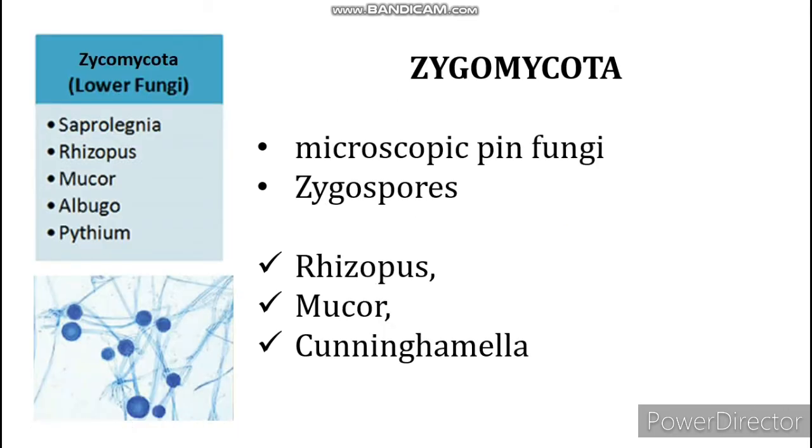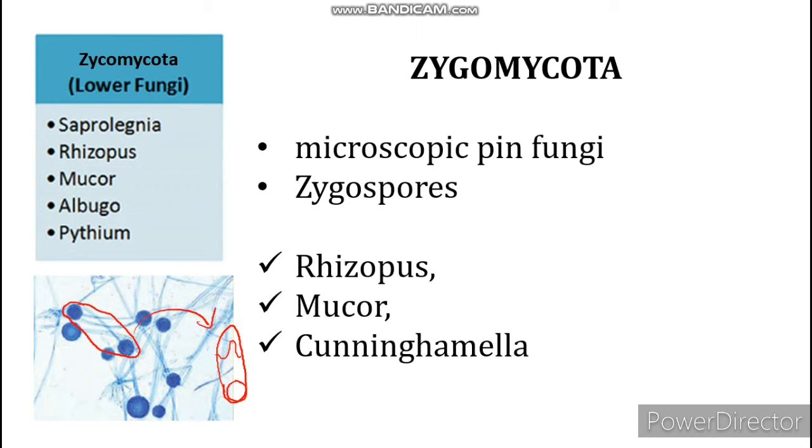For Zygomycota, these are microscopic pin fungi. Microscopic pin daw kasi nakikita niyo yung picture sa baba. 'Di ba ang itsura ng safety pin pag ganyan, 'di ba may bilog dito tapos dito yung patusok. So para daw siyang microscopic pin. Hindi ko alam bakit na-imagine ng mga scientists yan. Kamukha niya daw yan.